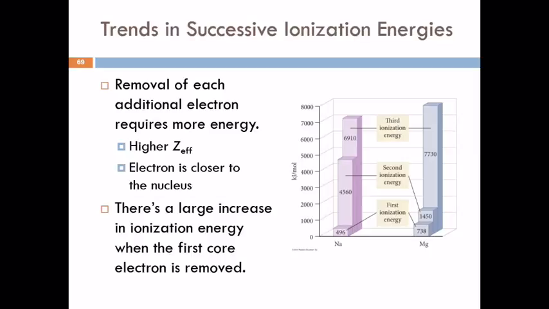It's already lost 1 electron. It's not going to be happy about losing a second electron. The other things that happen are that we have a higher Z effective, and the electrons that we're removing are a little closer to the nucleus now, because when you remove an electron to form a cation, the cation is smaller than the original atom.